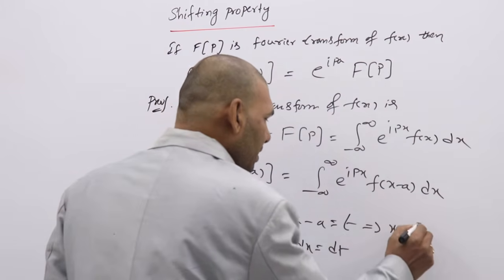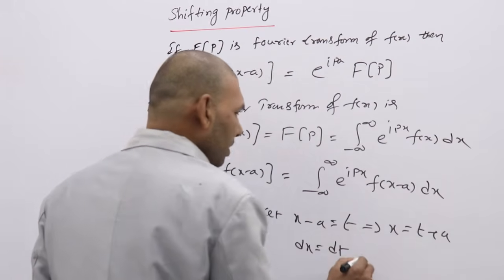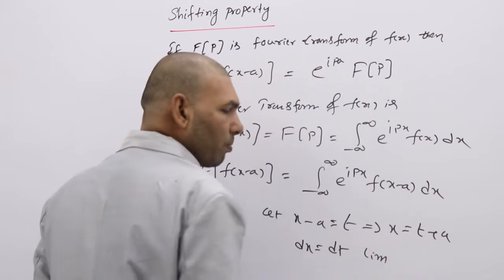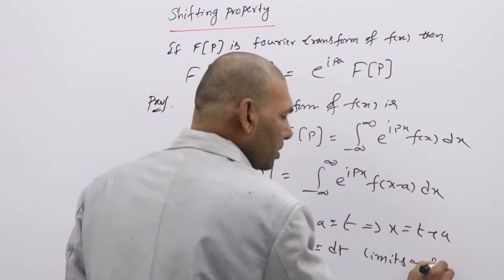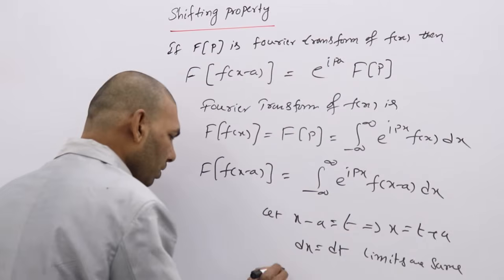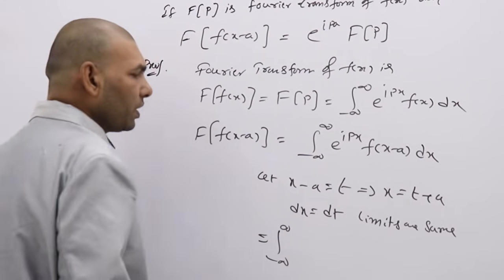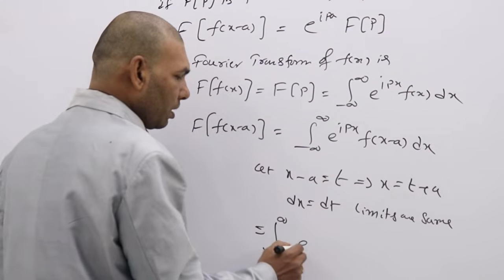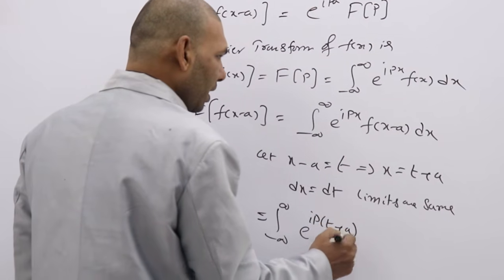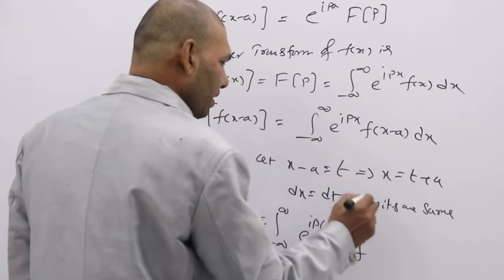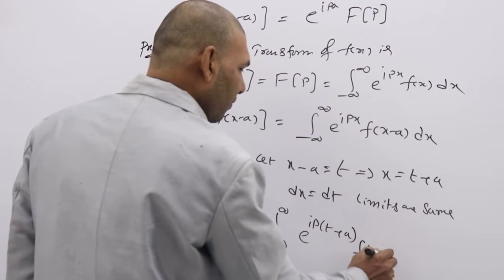From this, x is t plus a. The limits are the same, minus infinity to infinity. So the integral from minus infinity to infinity e power ip into t plus a, f of x minus a is f of t, dt.